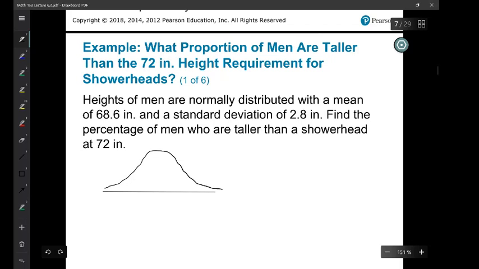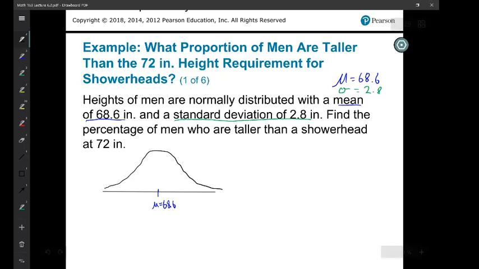All right. So the mean is 68.6 inches. So mu is 68.6. So the center of the normal distribution is where the mean goes. And we have a standard deviation of 2.8 inches. So that's sigma equals 2.8. All right. So our x value is the 72 inches.